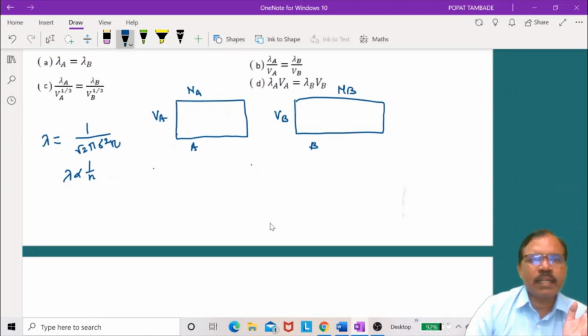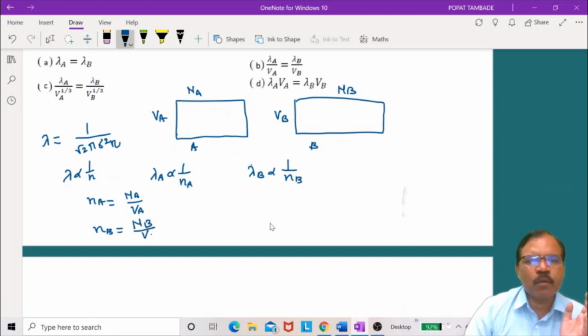So I can write lambda A is proportional to 1 upon nA, and lambda B is proportional to 1 upon nB. Now what is nA? nA is equal to capital Na upon Va. And what is nB? nB is equal to capital Nb upon Vb.